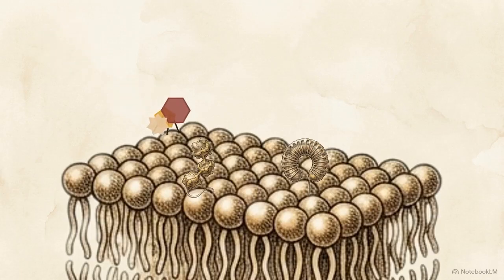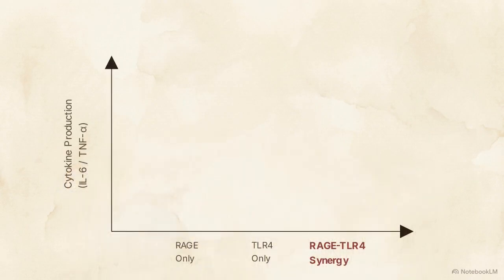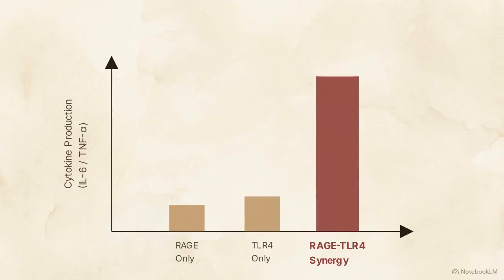It physically captures complexes of HMGB1 and lipopolysaccharides and drags them into proximity with neighboring toll-like receptor 4. This chart shows the result of that crosstalk. The synergy between RAGE and TLR4 produces an explosive amplification of IL-6 and TNF-alpha that dwarfs what either receptor could generate alone.